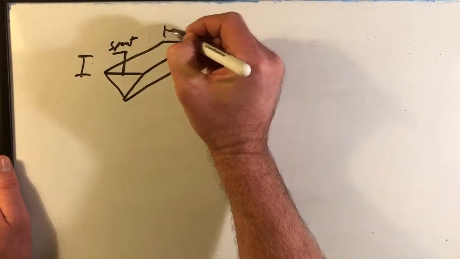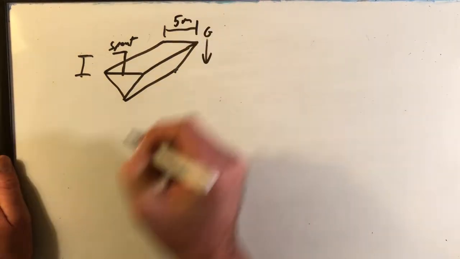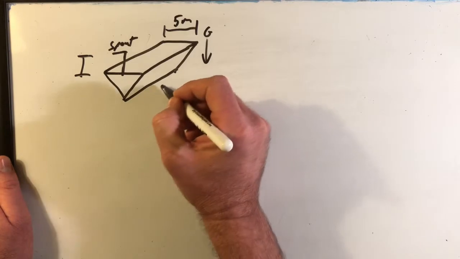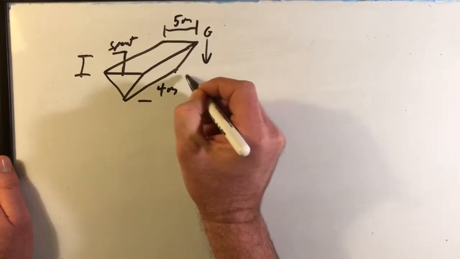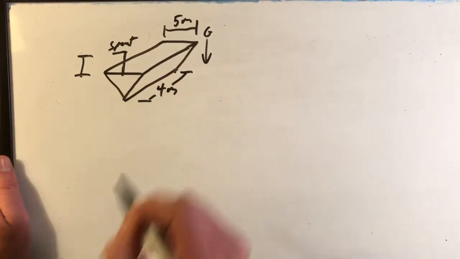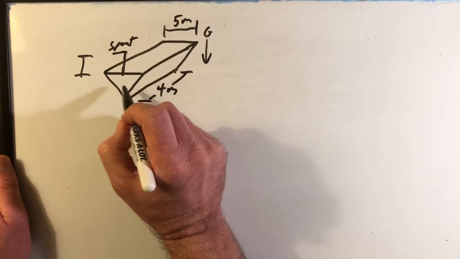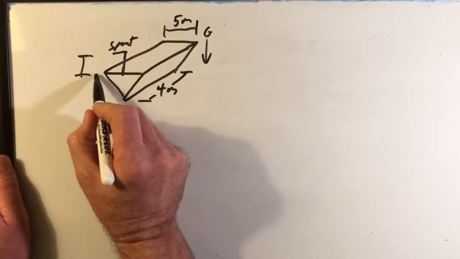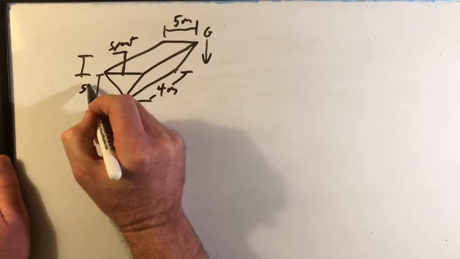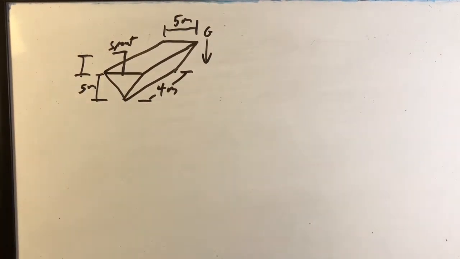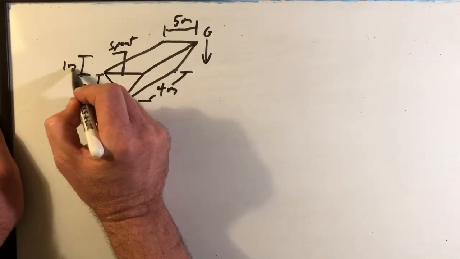So if we know the dimensions here, let's say this is 5 meters, and let's say this is 4 meters to go from here to here. And let's make up a height: let's just make that 5 meters as well.